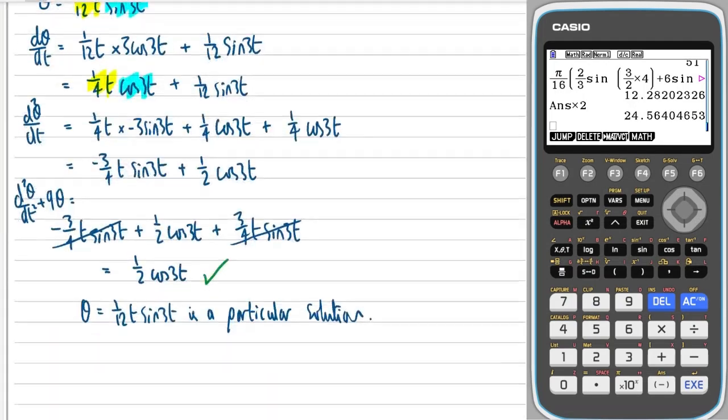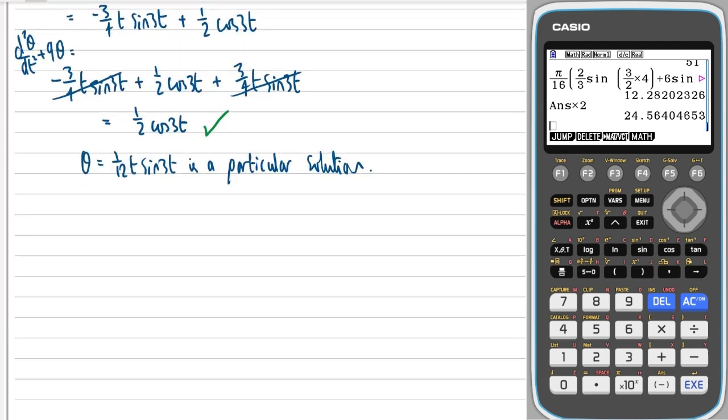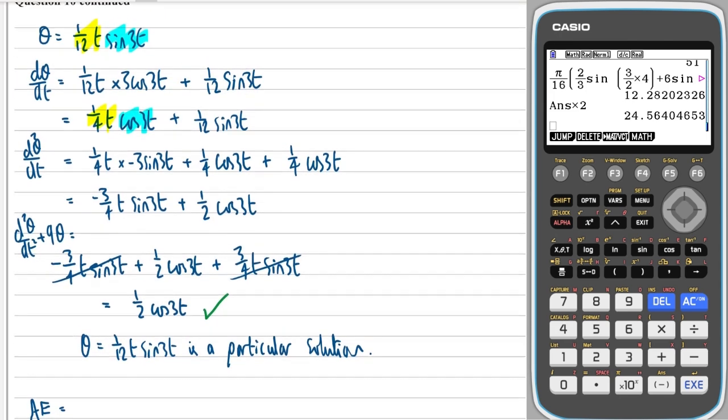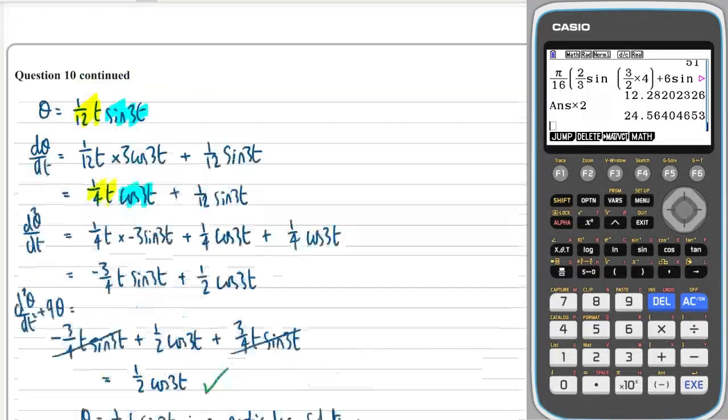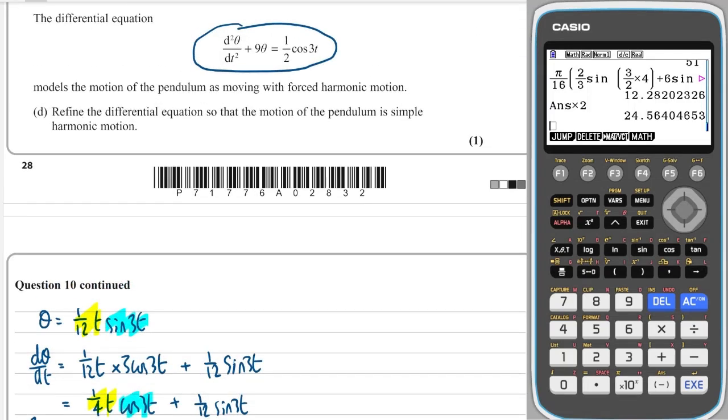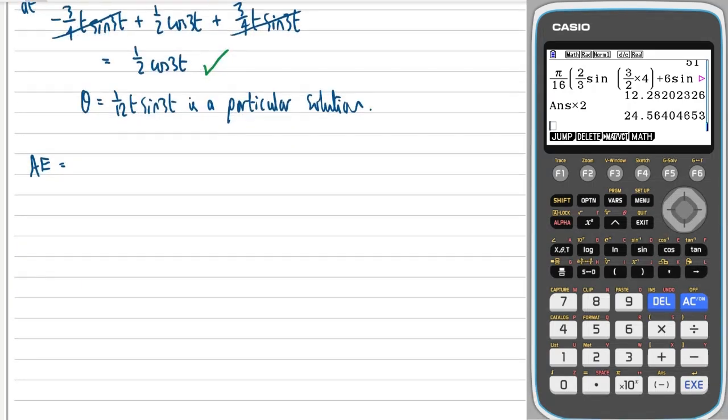Well, we're going to have to first look at the auxiliary equation, which is when we set the left hand side of the differential equation equal to 0. So that was d squared theta over dt squared plus 9 theta needs to equal 0.